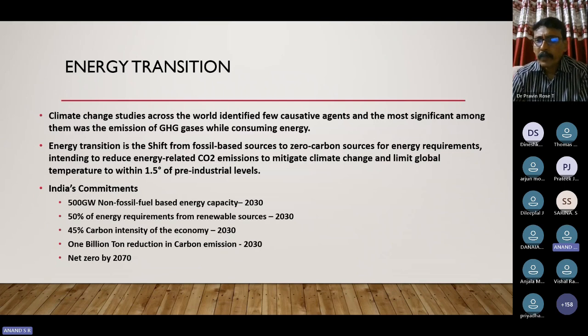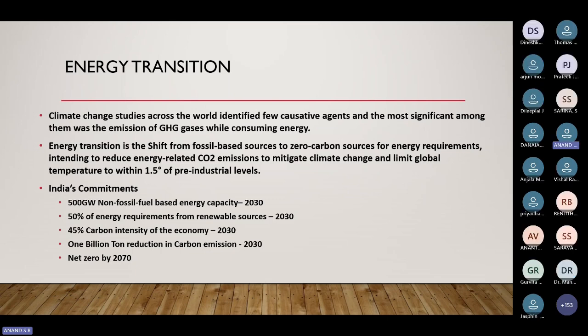What is energy transition? Energy transition is a buzzword now. Climate change studies across the world identified a few causative agents, and the most significant among them is found to be electricity generation and its use.